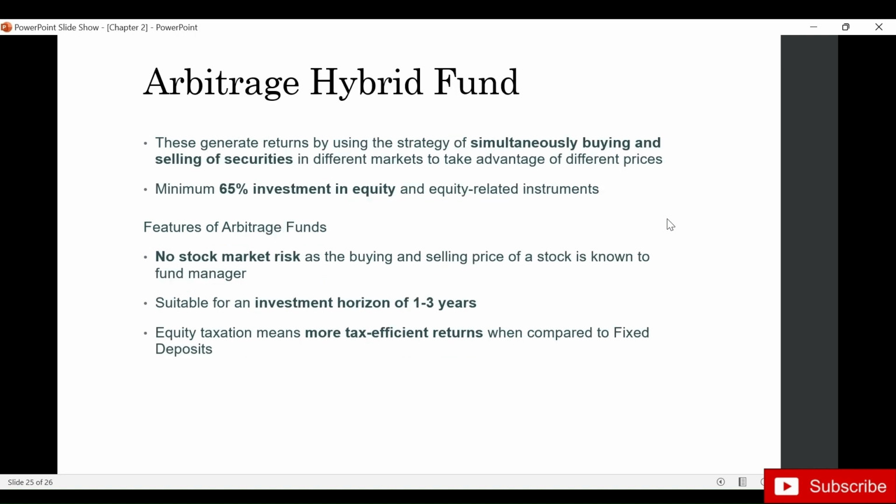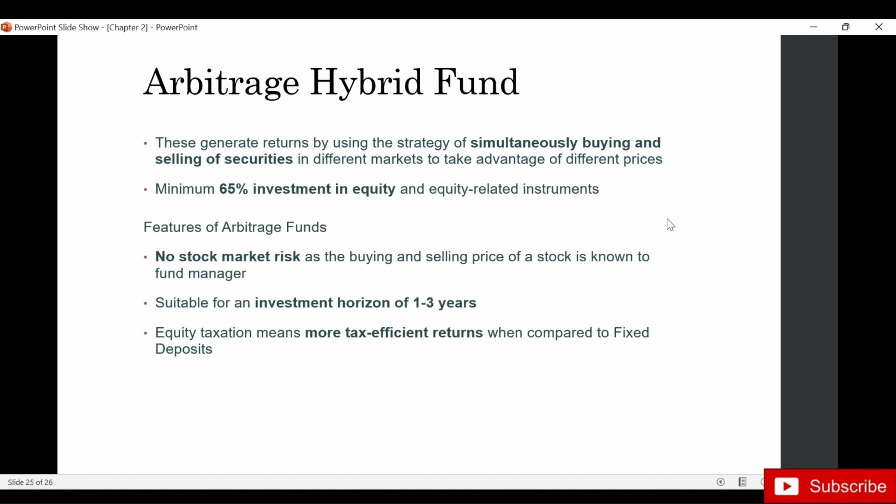Talking about the next category of hybrid fund, which is the arbitrage hybrid fund. These hybrid funds generate returns by simultaneously buying and selling securities in different markets to take advantage of varying prices.